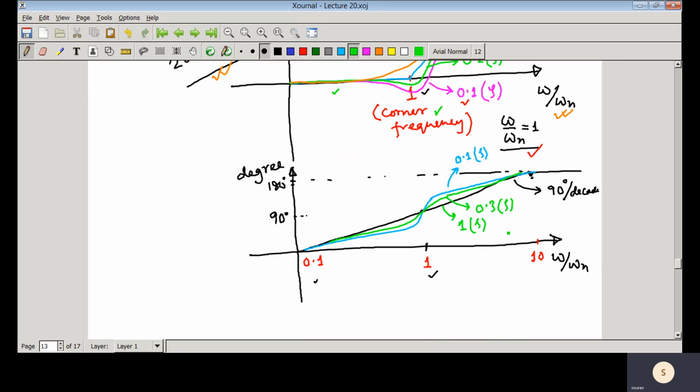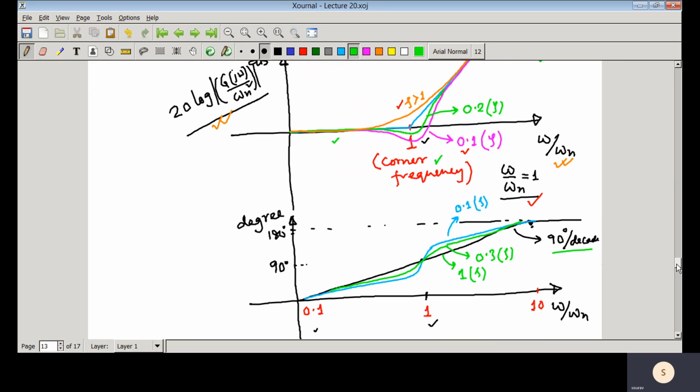And here for the phase, the slope is 90 degree per decade. In case of only S or S plus A, we have seen that the slope is 45 degree per decade, and here it is 90 degree per decade.